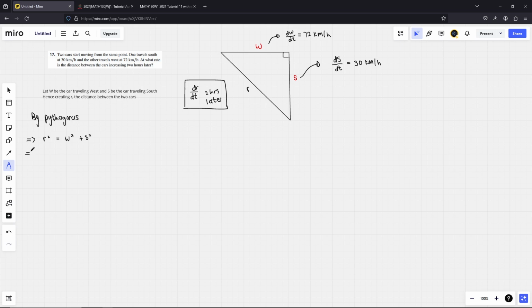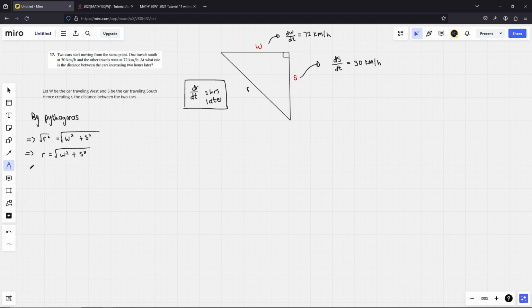So I don't really want to differentiate r squared, so let's take the root of both sides, and if I do that and simplify, it's going to be r is equal to the square root of w squared plus s squared. Now I want to know how fast r is changing, or hence I want to know dr by dt.